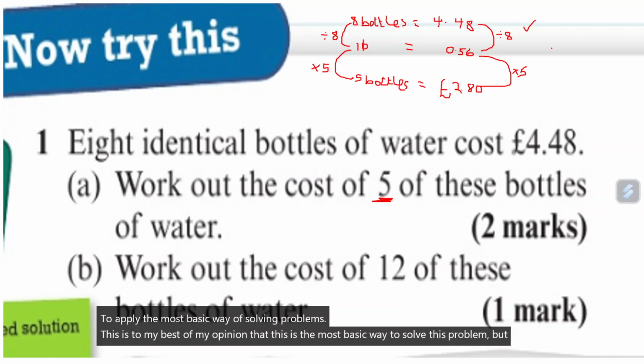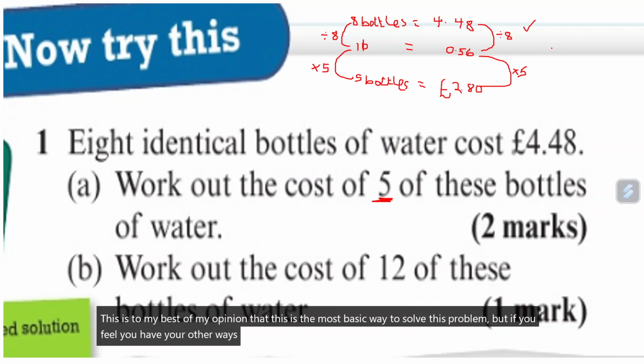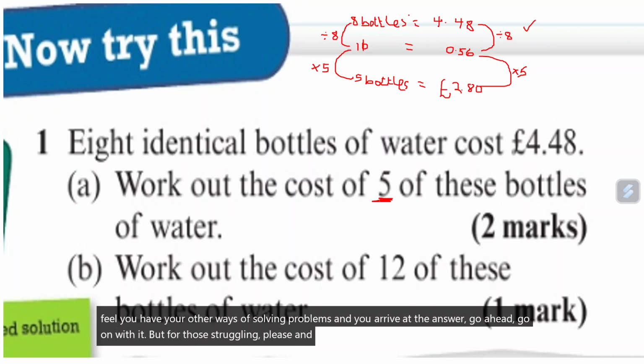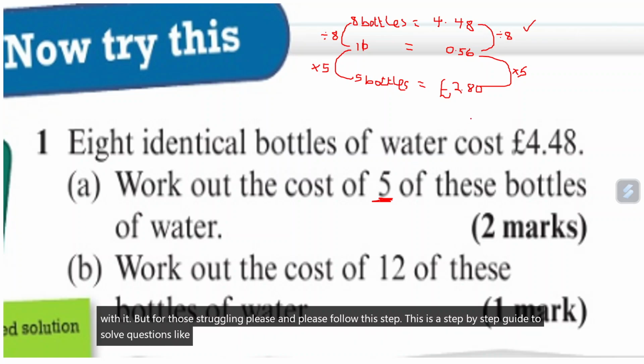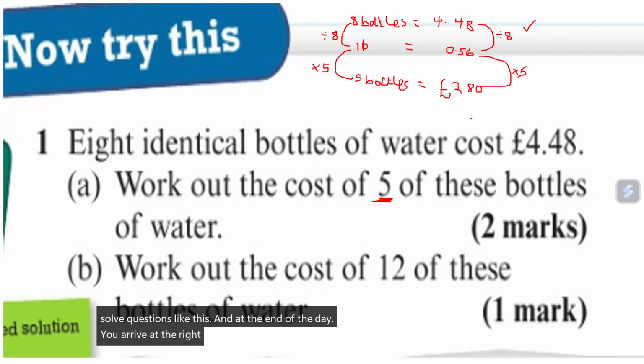But if you have other ways of solving problems and you arrive at the answer, go ahead. But for those struggling, please follow this step-by-step guide to solve questions like this, and at the end of the day, you arrive at the right answer.